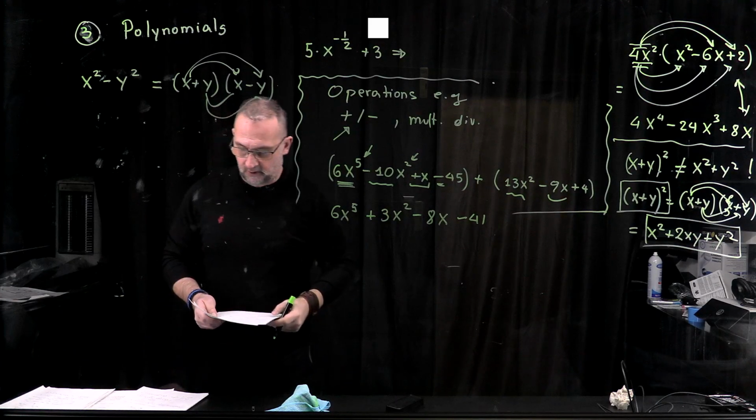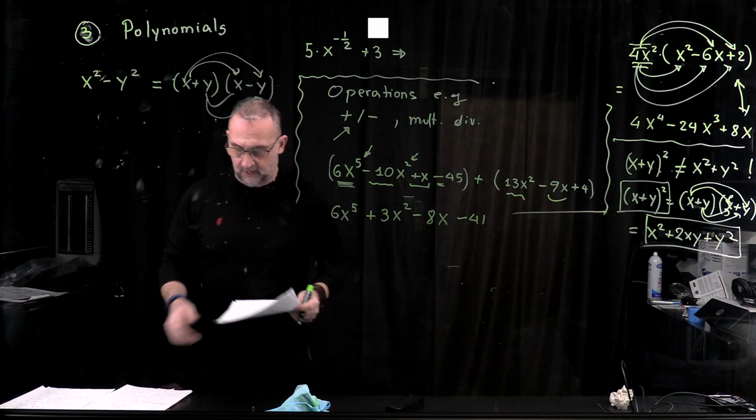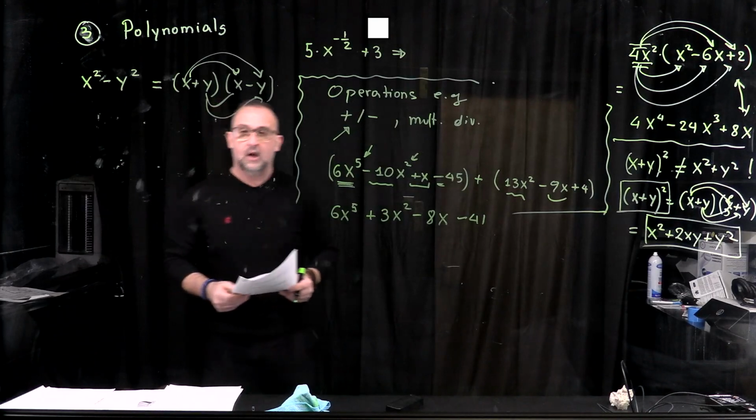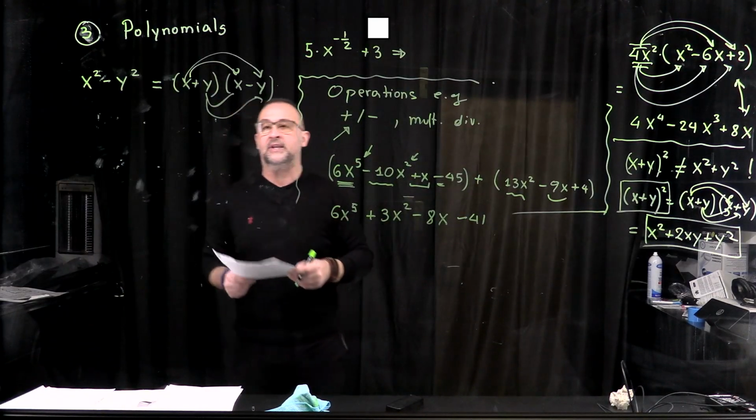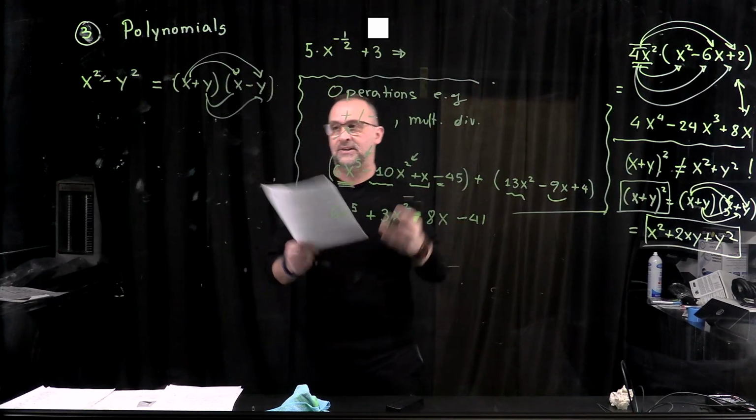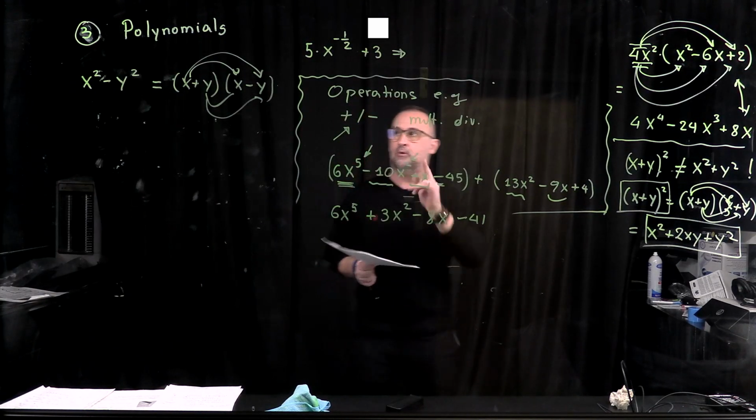And that is as far as polynomials go, and the next chapter will be essentially the culmination of all that we have said so far, and we're going to be dealing with rational expressions, and that will be the next part.